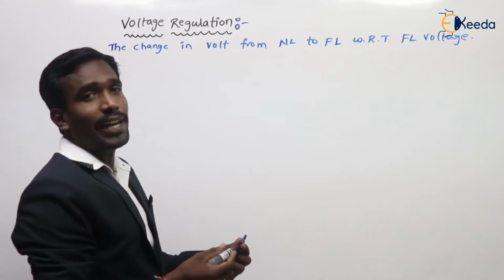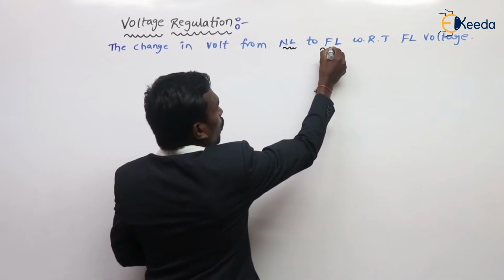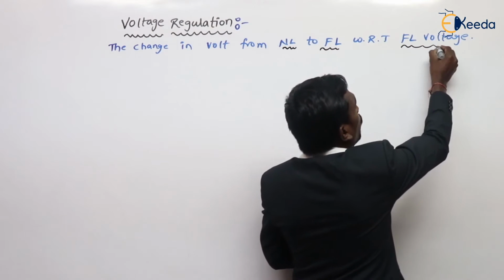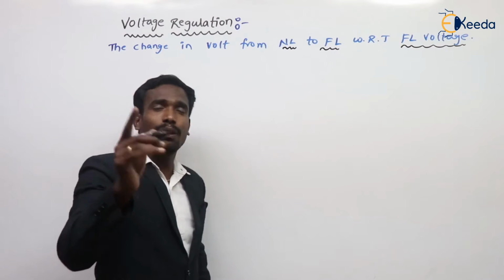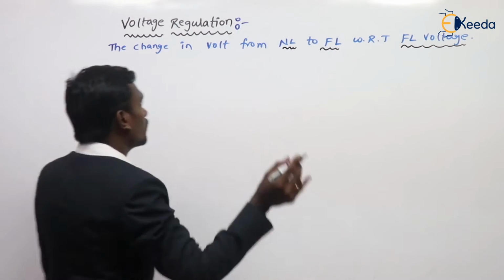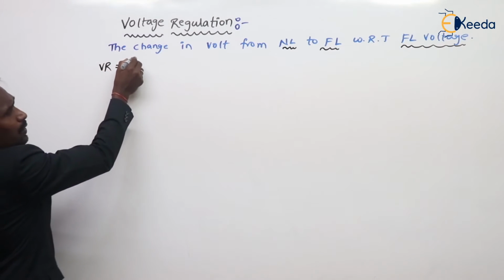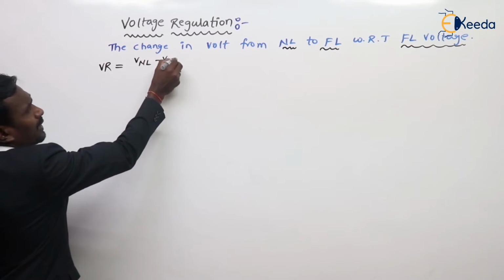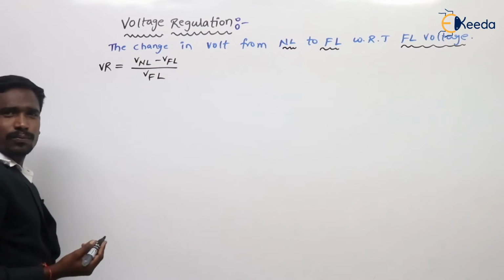From no load to full load, and with respect to full load voltage, is called voltage regulation. Voltage regulation is equal to the voltage at no load minus the voltage at full load, upon the voltage at full load.